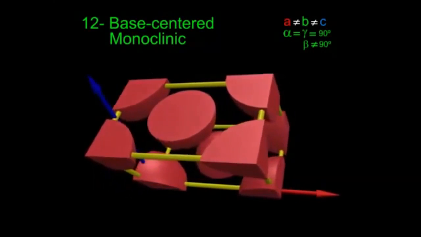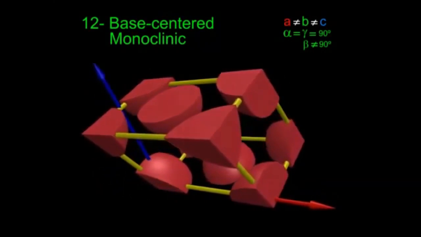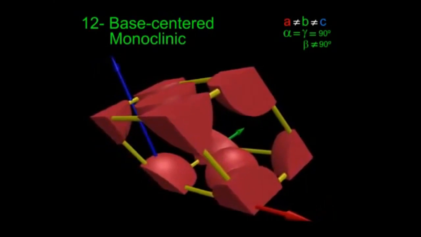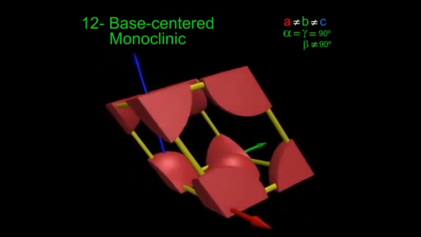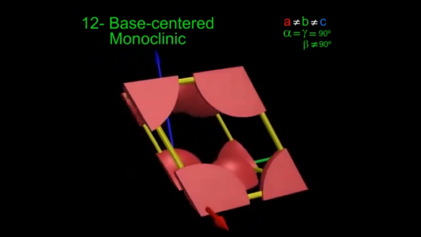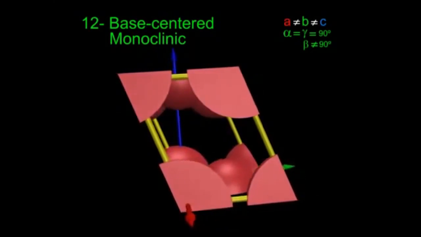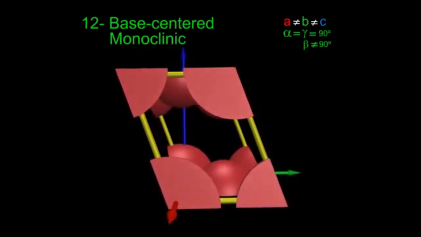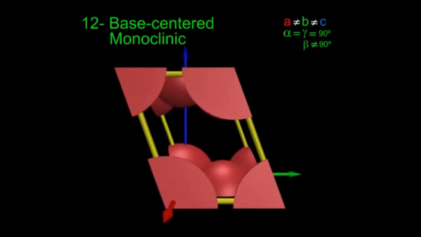These are 90 degrees, but in this face you will find that the angles are not equal to 90 degrees. This is the gamma and beta angle. It is not equal to 90 degrees, but alpha and gamma angles are equal to 90 degrees.